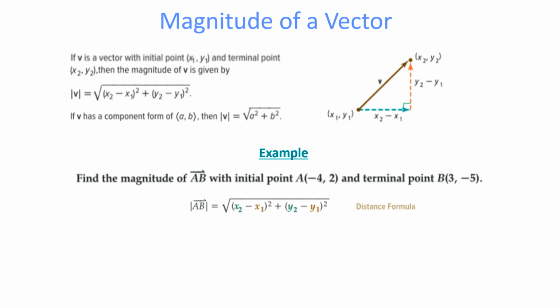The magnitude of AB would be the square root of the difference of the x values squared, so again 3 minus -4 squared, plus the difference of the y values squared, so -5 minus 2 squared. We get that the answer equals the square root of 98, or around 9.9.